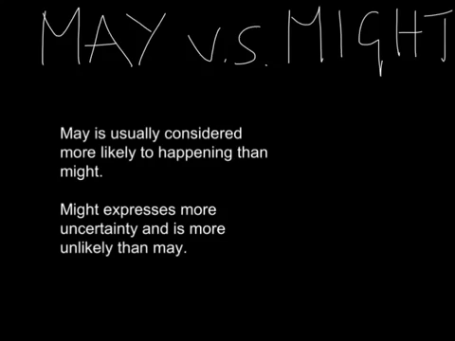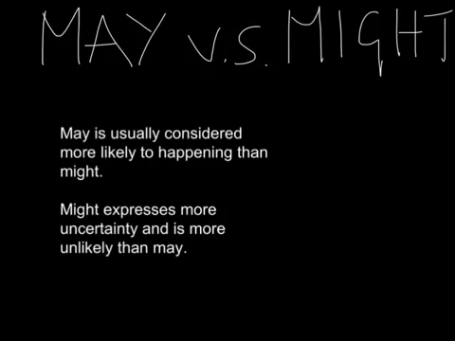So imagine basically that whatever it is you'd be reluctant to do but wouldn't completely rule out, and then imagine yourself saying in a nice sarcastic voice, yeah, I might. And that should help you remember to use might when the outcome is uncertain or unlikely, and to use may when something is more likely to happen.